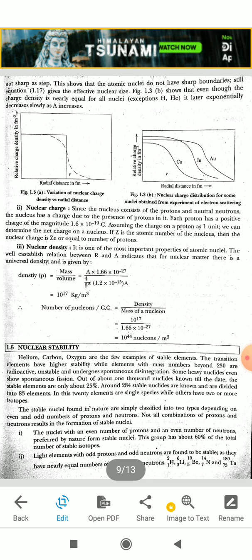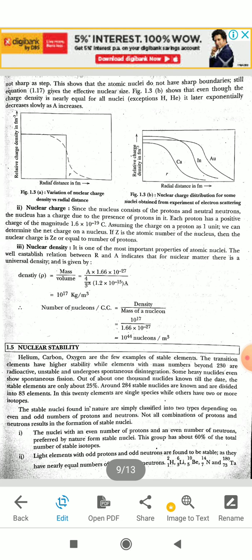We also calculated the number of nucleons per meter cube, or per cubic centimeter. The total number of nucleons per meter cube is 10 to the power 44, that is 1 followed by 44 zeros nucleons per meter cube. That is a very large density. And we also talked about how the nuclear density is constant. The nuclear density ratio is always 1, that is unity.